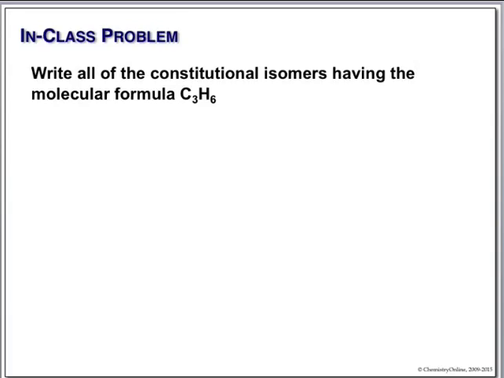Go ahead and see if you can draw a C3H6. How many C3H6s can you make? The way you want to do it is just to start off with 3 carbons, connect them. You've only got 6 hydrogens now to connect them together.